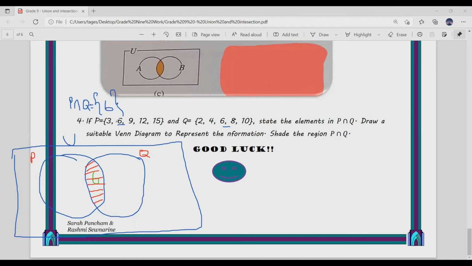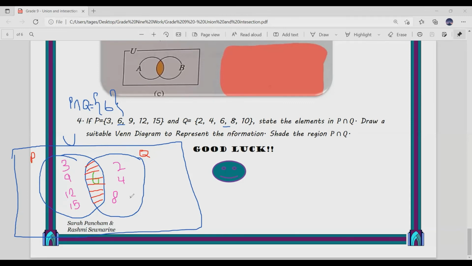So P only is going to be 3, 9, 12, and 15, and we're going to have 2, 4, 8, and 10 over here.